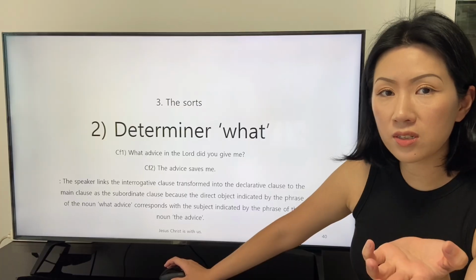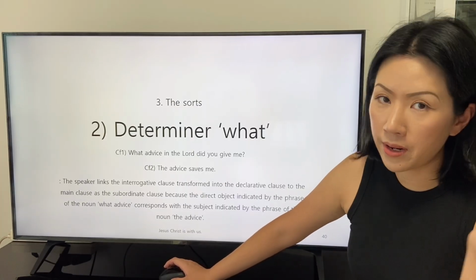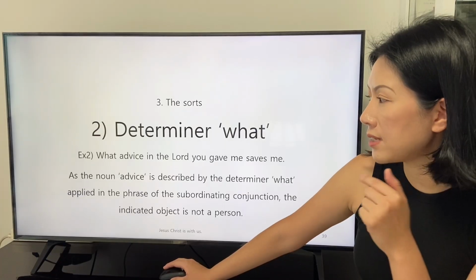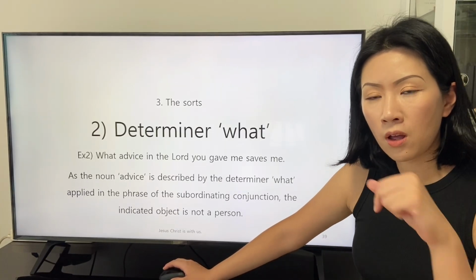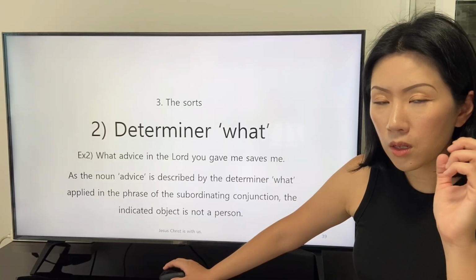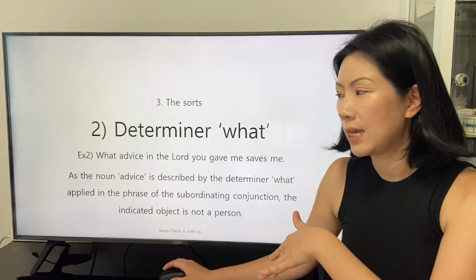We've reviewed that the determiner what originates from the interrogative. So we can say that the subordinate clause can be analyzed from the clause before being integrated into the sentence.